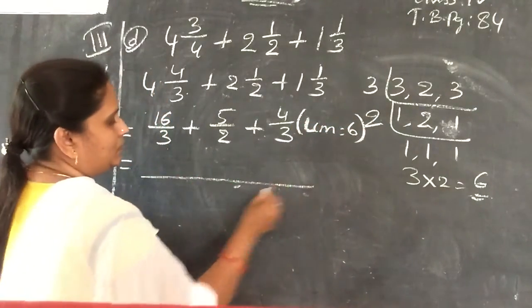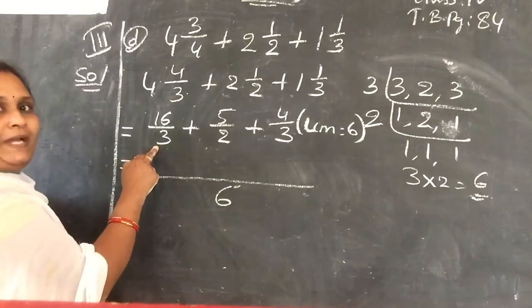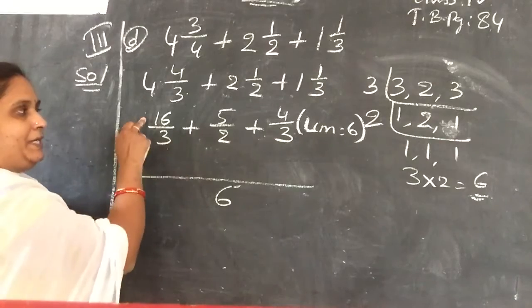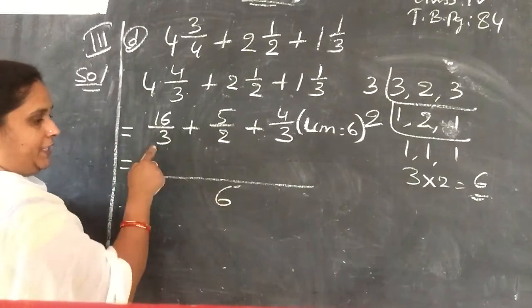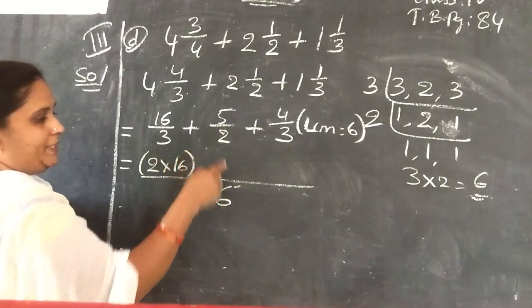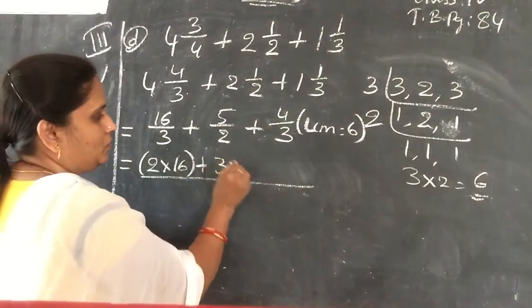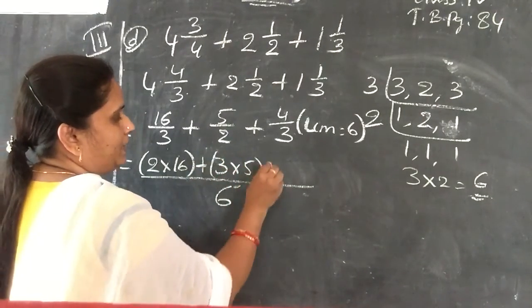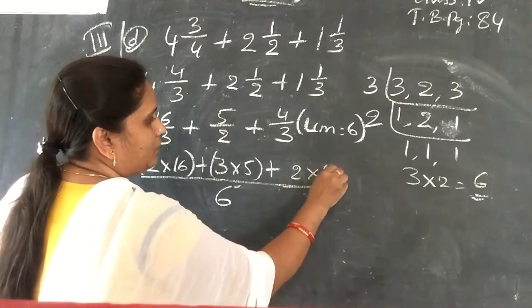Now 12 is the LCM. With 12 you have to divide the denominator and multiply with the numerator. Next, 2 tables 12, how many times multiplied? 6 times. 6 into 19. Next, 3 tables 12, how many times multiplied? 4 times. 4 into 4.